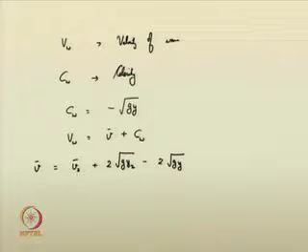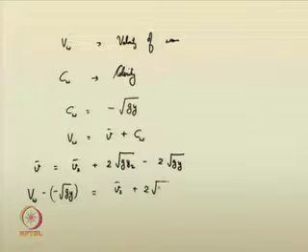Here V bar we are substituting by Vw and Cw, that is V bar is nothing but Vw minus Cw. So Vw minus Cw, with Cw equal to minus root g y, is equal to V2 plus 2 root g y2 minus 2 root g y.